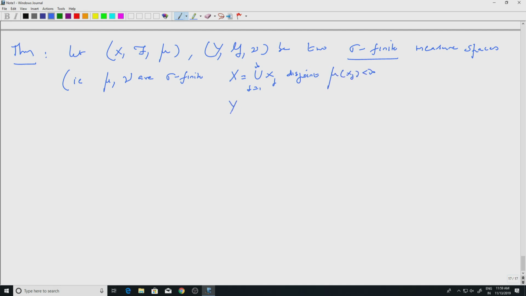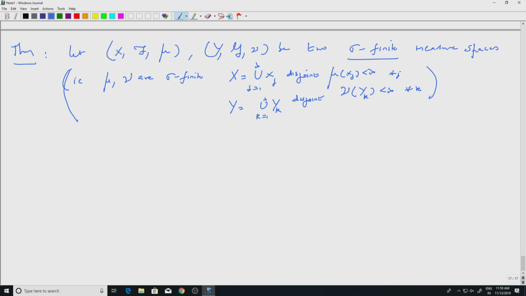Similarly, I can write Y as a disjoint union of Y_k, k equal to 1 to infinity, nu of Y_k is finite, for every k and every j. This is what you mean by sigma finite measure spaces.